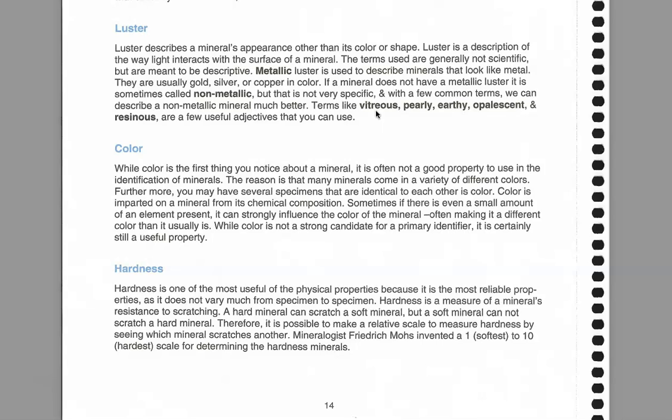Lastly, we have resinous. Resin, think of a tar or a plastic, right? And these are almost, saying they look man-made is a bit of a push, but boy, they're not going to look like your gemstones, those shiny pieces of quartz and so on and so forth. They're not going to look like hunks of metal necessarily. Something is just off about them. Amber is a great example of resinous.